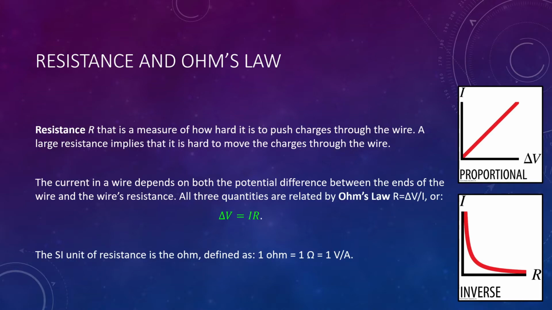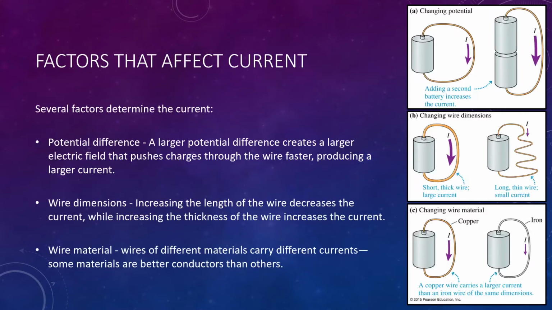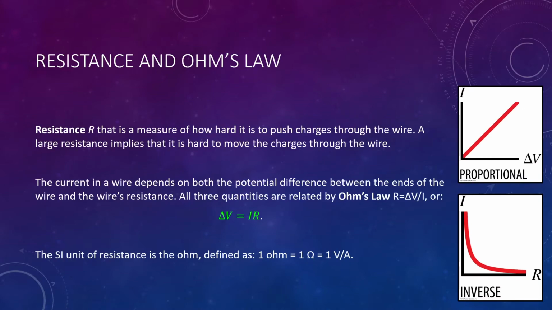Now, the current that you're going to get in your wire will depend both on that resistance, because again, more resistance means it's harder for your charges to flow, and the potential difference, which we just talked about on the previous slide. If you increase the potential difference, you'll have a harder push on your charges, so more current.